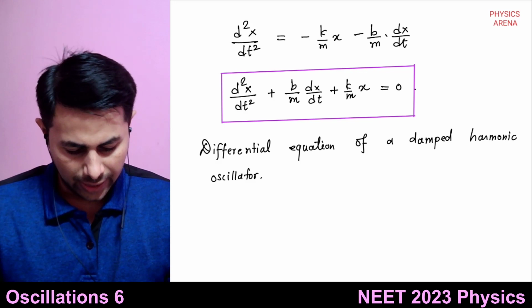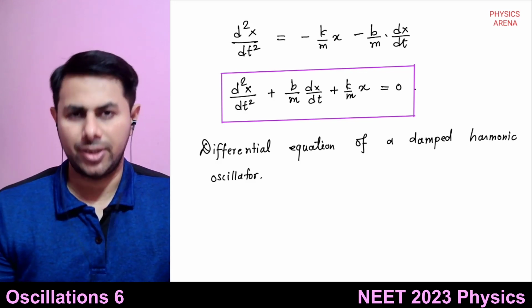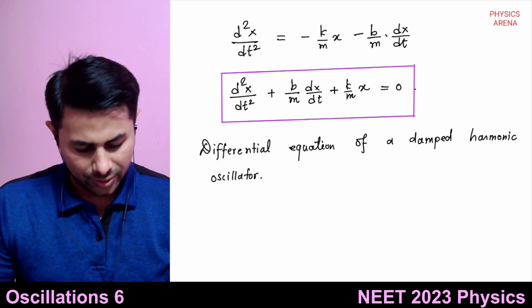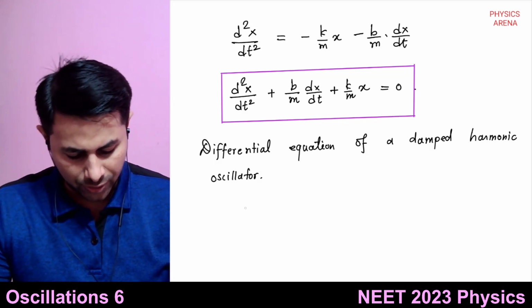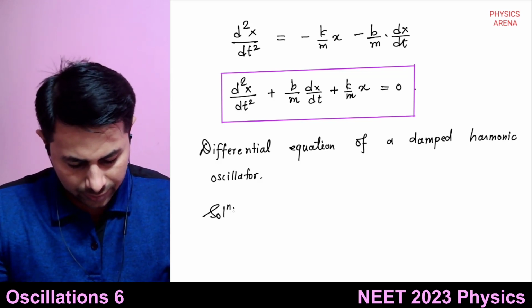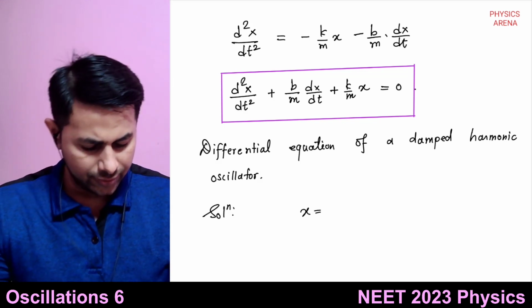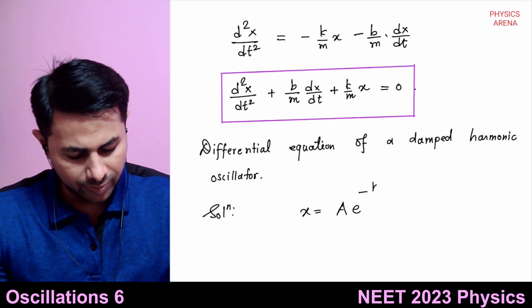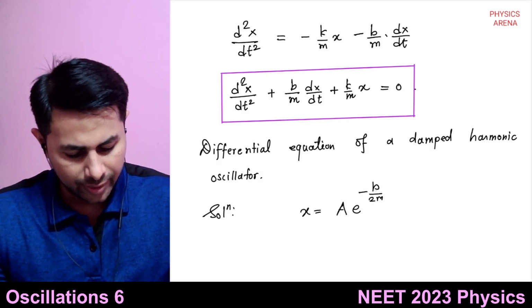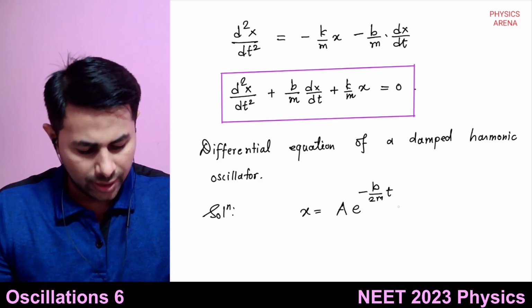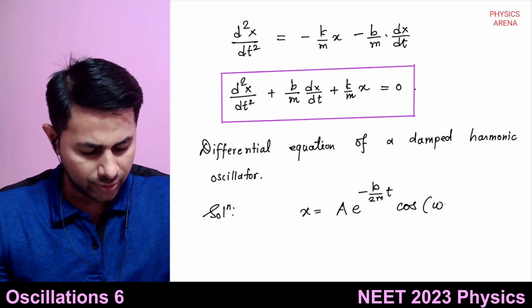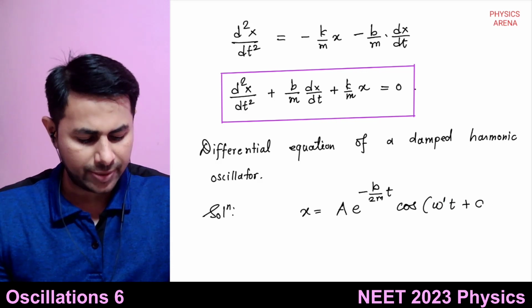And on solving this equation, we'll get some solution. So we get this kind of a solution. x is equal to A multiplied by e raised to minus of b upon 2m into t into cos or sine of some omega dash t plus phi.